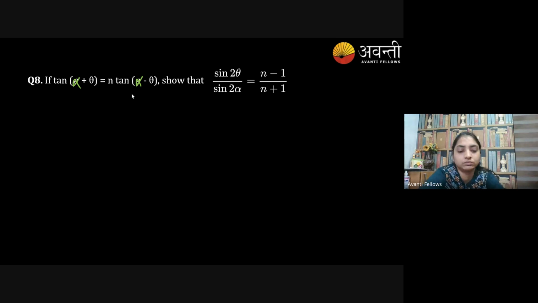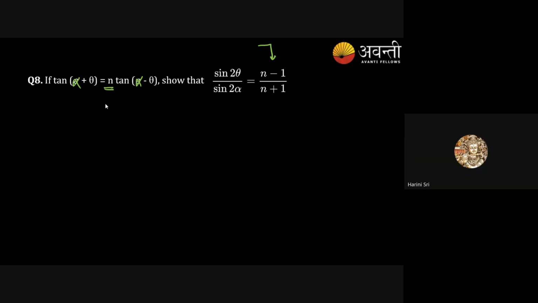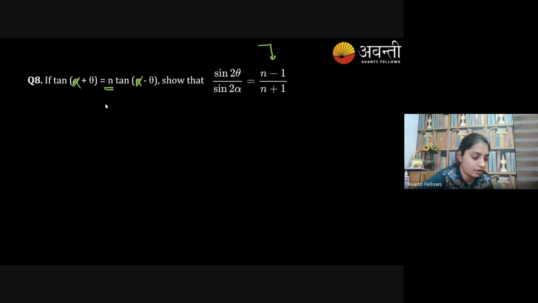Any clue? Any formula that you will apply by seeing this question at first look? When you have the form n plus 1, n minus 1, and here it's the form of n, what method do I need to use? Harini, what method do I need to use? Componendo and dividendo. Great, that definitely. Agree?